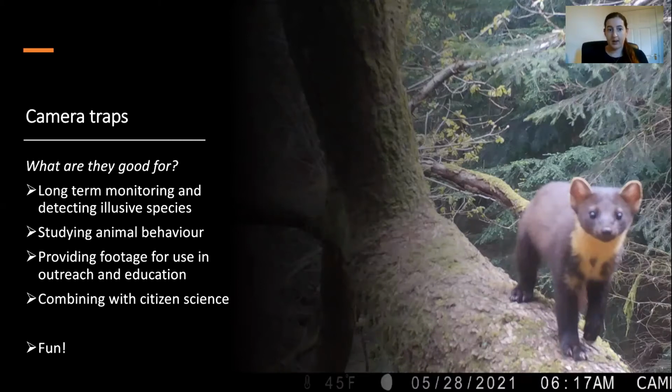But this is something that members of the public can help with because they can sort through the footage, which can be quite an enjoyable task as well, because you've got to see lots of nice footage of animals that you wouldn't normally get to see. And camera traps are also good fun. A lot of people use them recreationally as well as just for research. You know, if you're curious what's in your garden or your local patch, they can reveal some really interesting things about the wildlife near you.